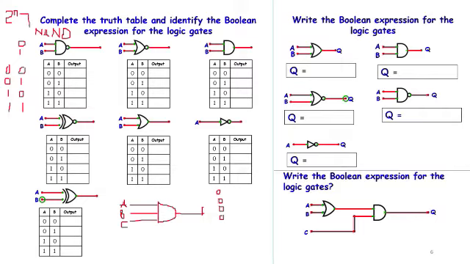That's why we have to repeat 0, 0 for 2 raised to power 2. Here we have 2 inputs, A and B. Unlike here, where we have 3 inputs, and so here has to be 4.